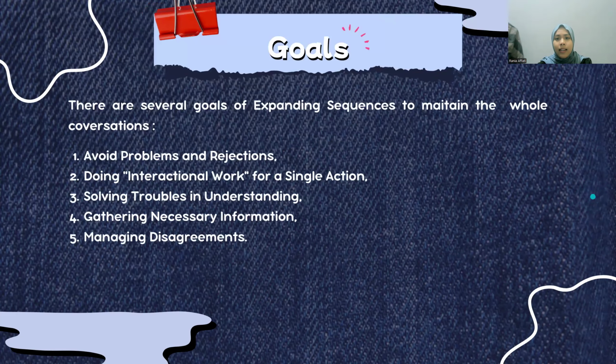So why is it needed? There are several goals of expanding sequences to maintain the whole conversation. The first one is to avoid problems and rejections. When we're asking for something, we want to talk about something to someone, as the first speaker we ask the second speaker, and the response to your question could be two types: preferred, or positive, and dispreferred, or negative.